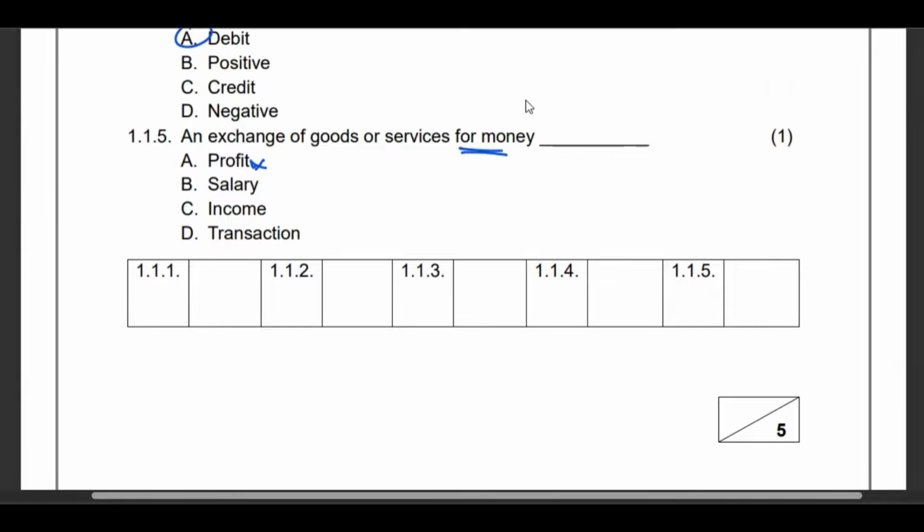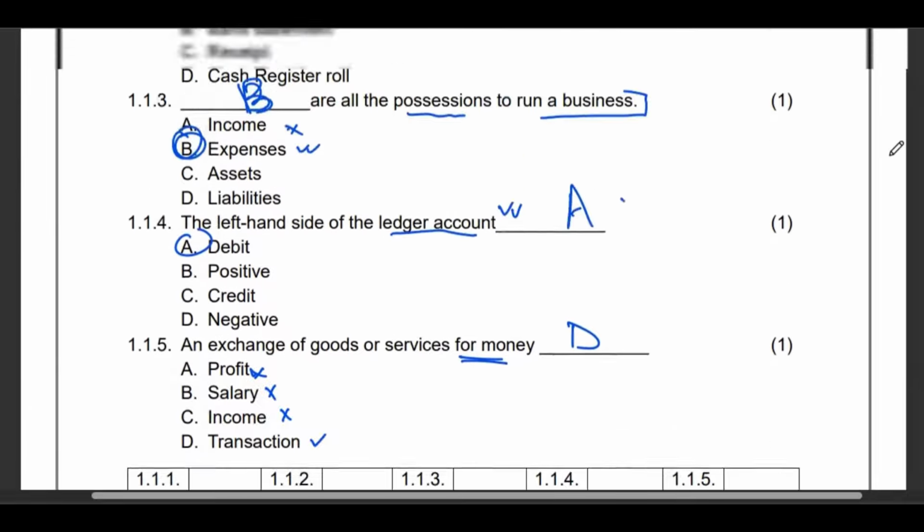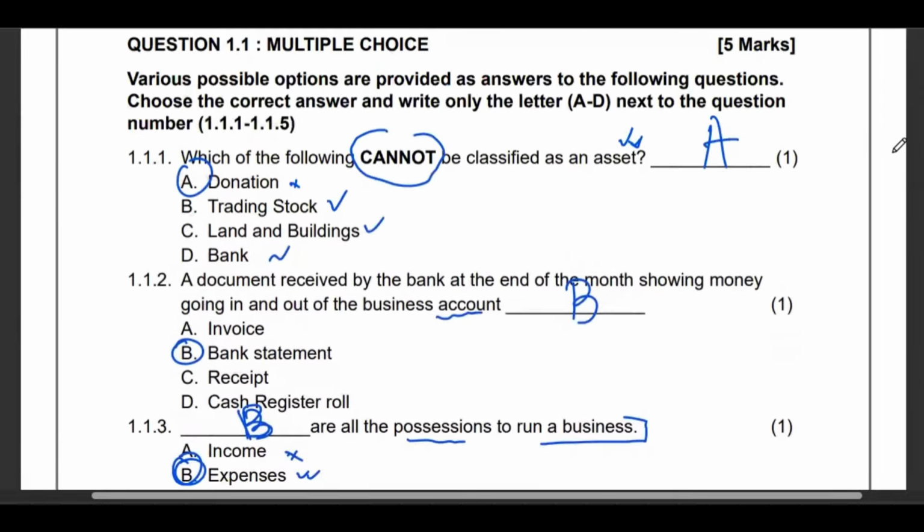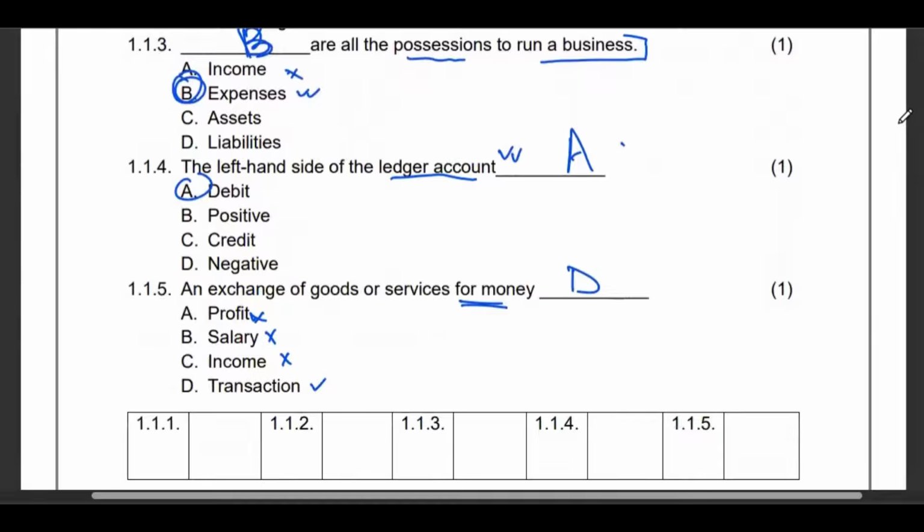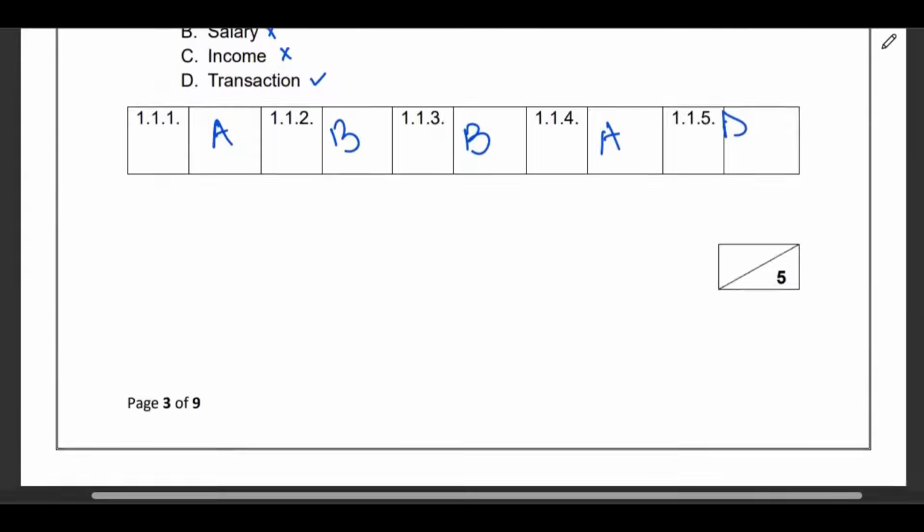Is it a profit? No. Is it a salary? Is it an income? It's basically a transaction. So D becomes the best answer for that. So we have A, B, B, okay, so A, B, B, and then we have A, D. Okay, so that is question number 1.1.